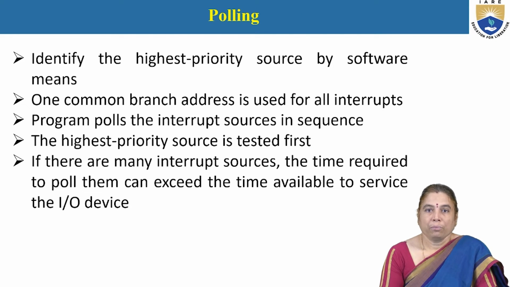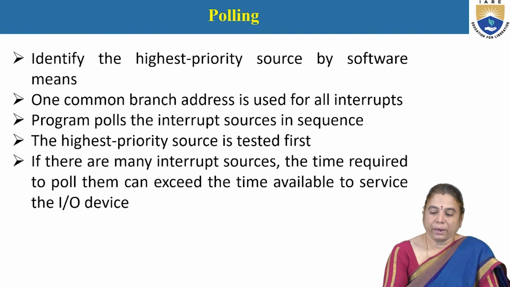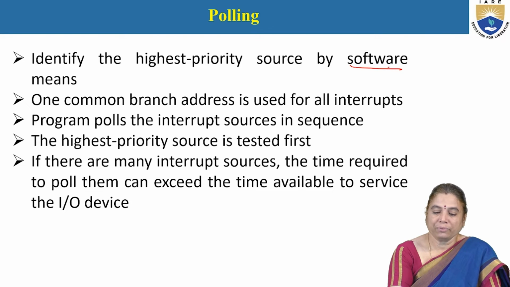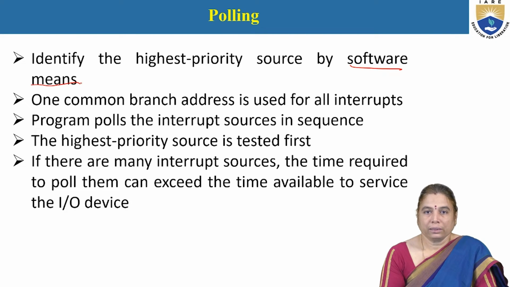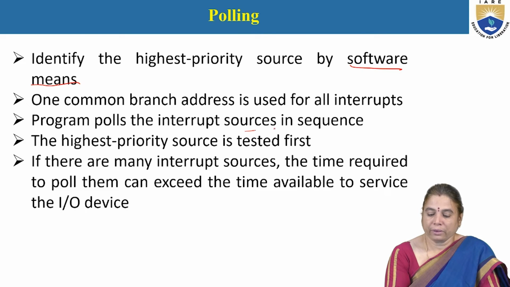What is polling? Polling is the software method of priority interrupt. Identifying the highest priority source by software means is called polling. One common branch address is used for all interrupts. The program polls the interrupt sources in a sequence, and the highest priority source is tested first.